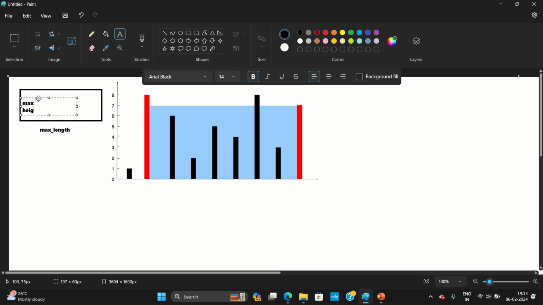Max height, we don't have enough space, because here we will be running the code of the solution. So it is max height into max length. If we consider this rectangle, this has the maximum area, in the ideal case.